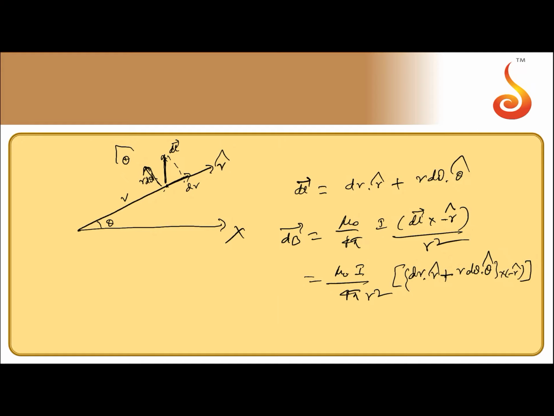So this will be simply, we can take out r, mu naught I by 4 pi, I d theta, this first term will vanish, I d theta by r k cap.